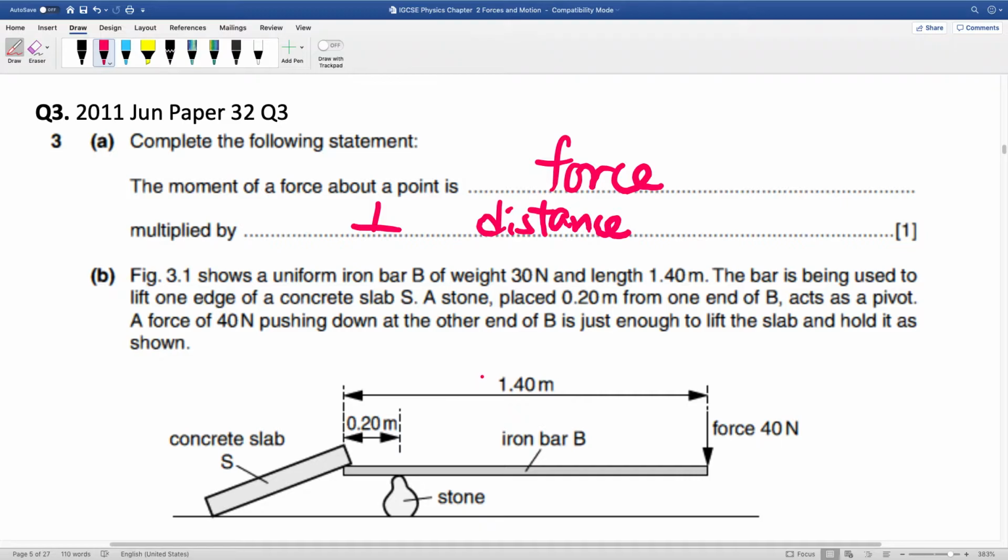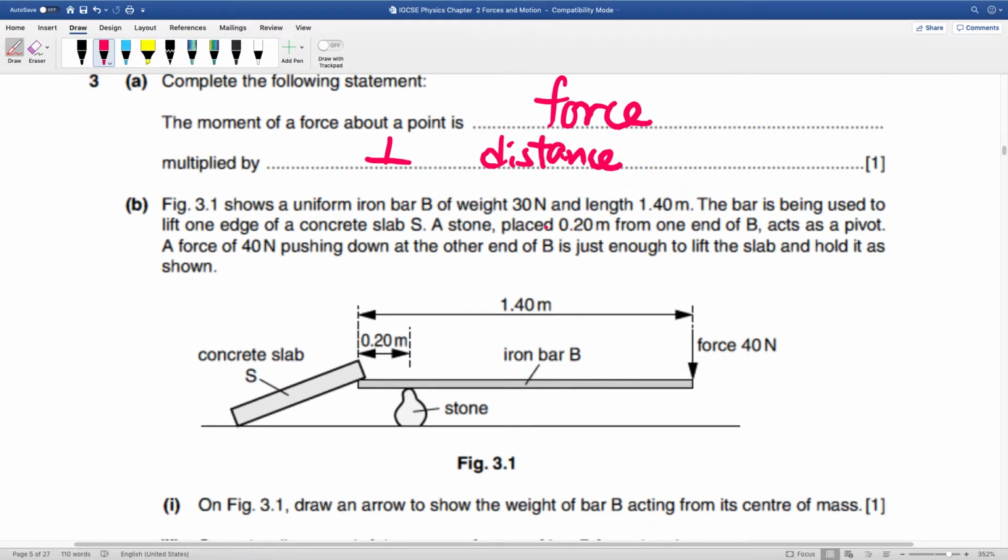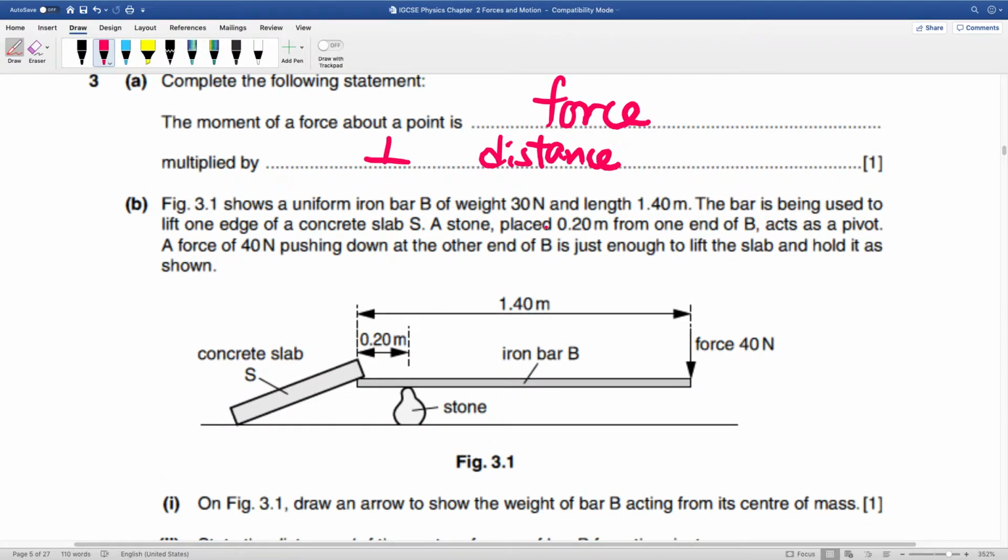Oh, question 3. So part B. Draw an arrow to show the weight of the bar B acting from its center of mass.